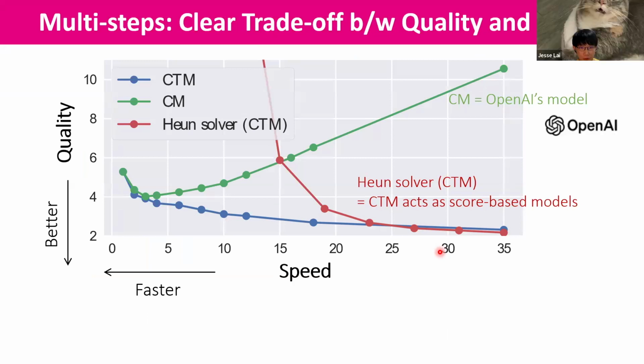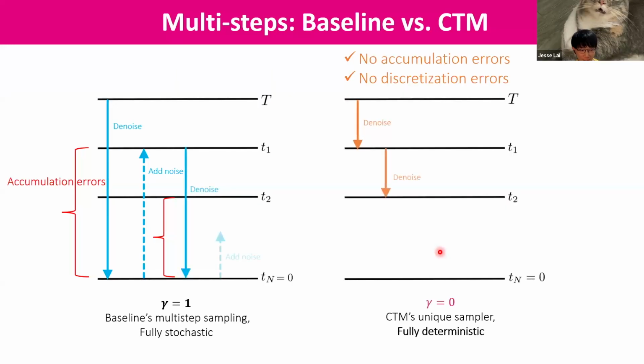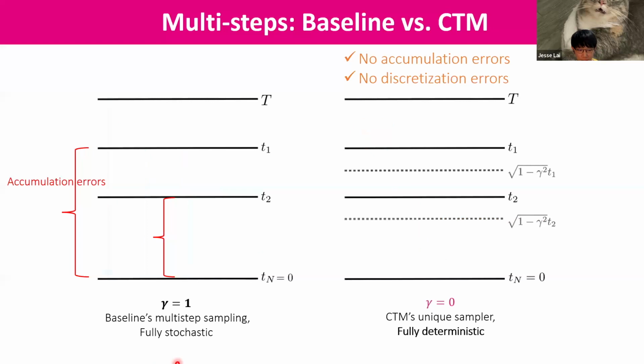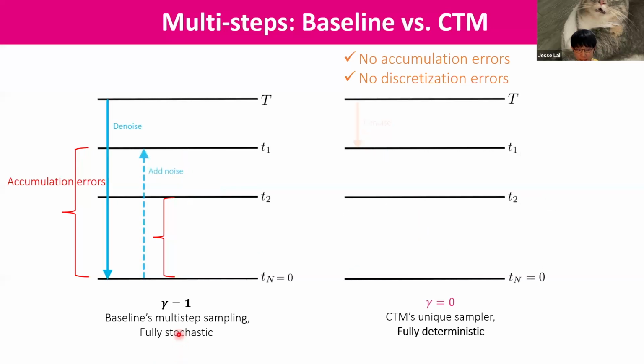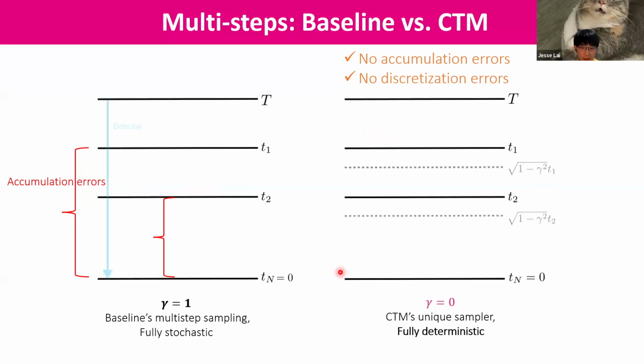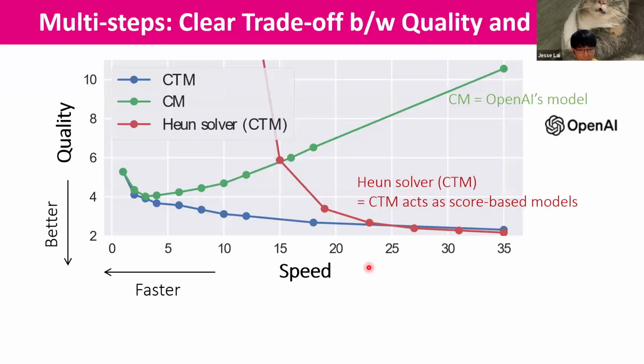All right, so as I explained, CM models' multi-step sampling may have accumulation errors, and this is the evidence. The blue line is CTM, and the x-axis is the sampling steps, I mean NFEs. The quality is on the y-axis, where lower is better in terms of FID.